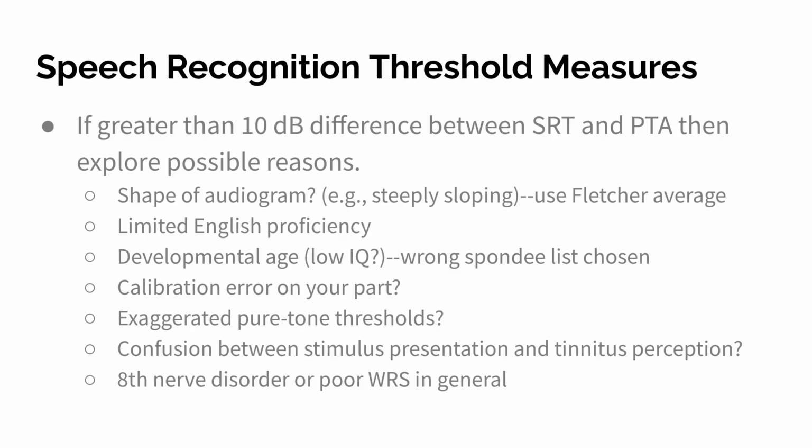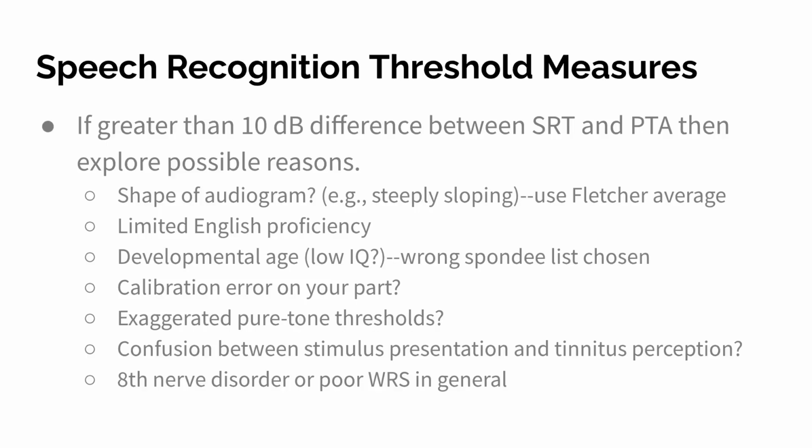If it's a steeply sloping audiogram, you might use a Fletcher pure tone average instead of the conventional 3-frequency pure tone average. What is the Fletcher pure tone average? That's using the best 2 frequencies out of 3 for 500, 1000, and 2000. So that's usually 500 and 1000. Sometimes you'll get better agreement with the SRT using that Fletcher average.